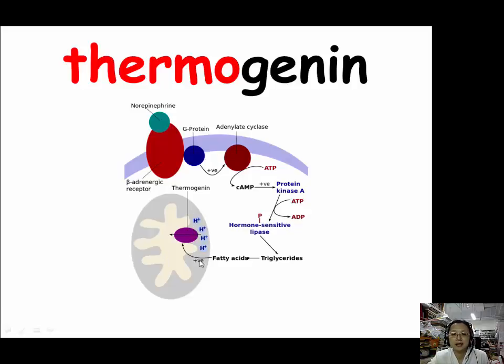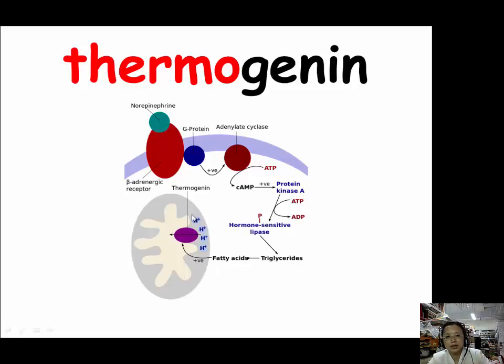Thermogenin can move the protons back to the matrix of mitochondria, thus dissipating the proton gradient.